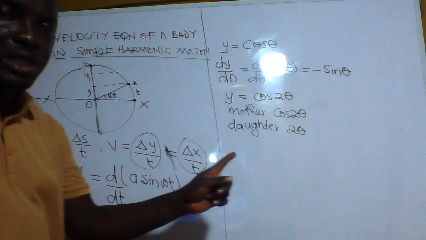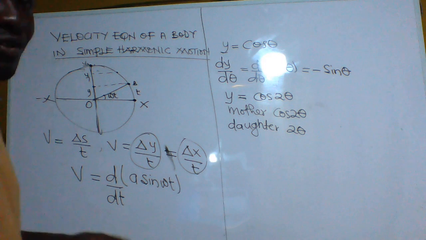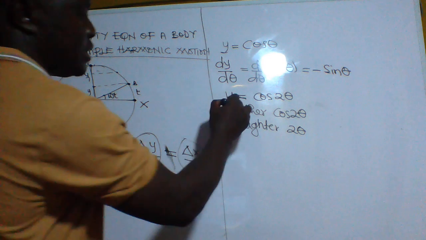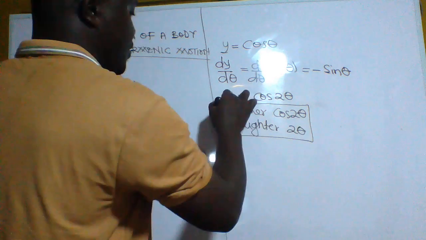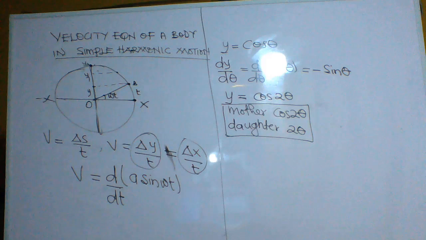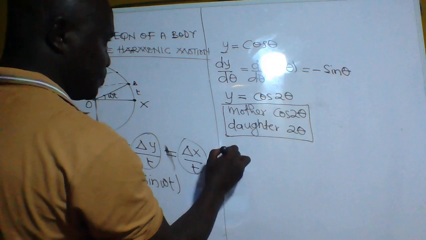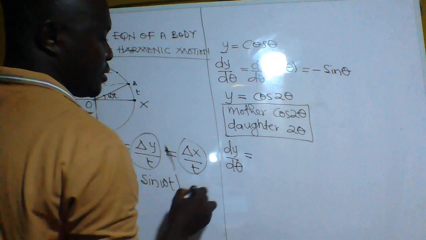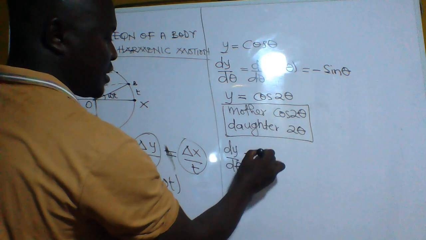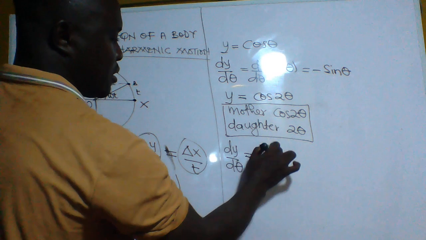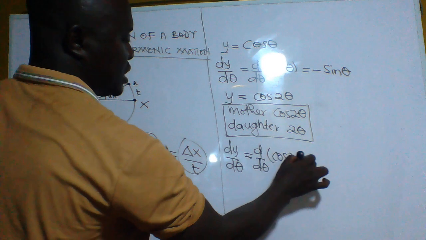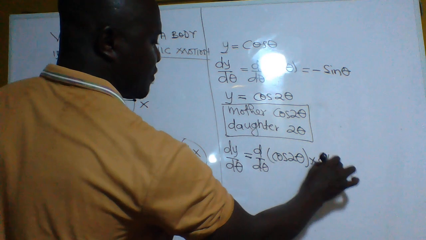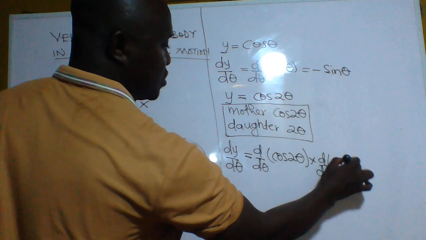So you differentiate with respect to the variable of the mother function, and when you finish, you differentiate with respect to the variable of the daughter function. So this will be equal to dy d theta equal to the differential of the mother function, d by d theta of cos 2 theta, times d by d theta of the daughter function 2 theta.